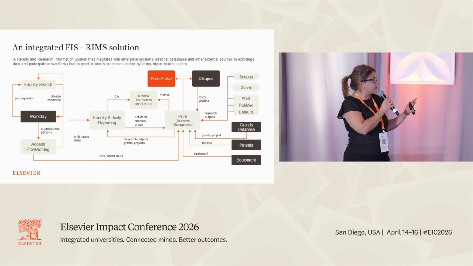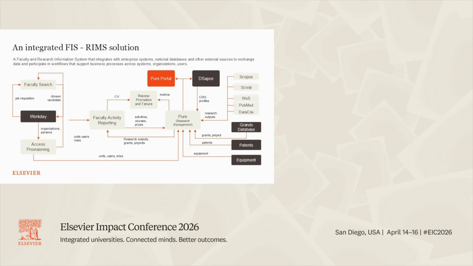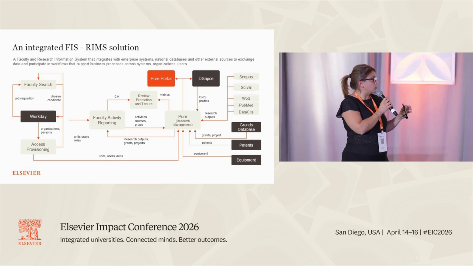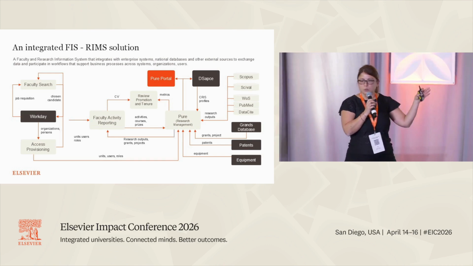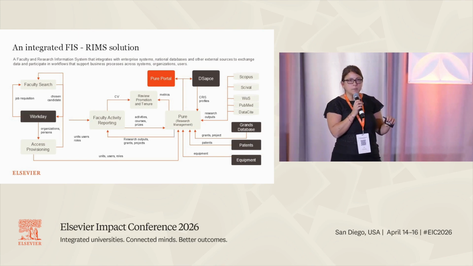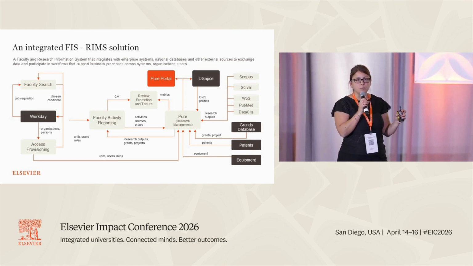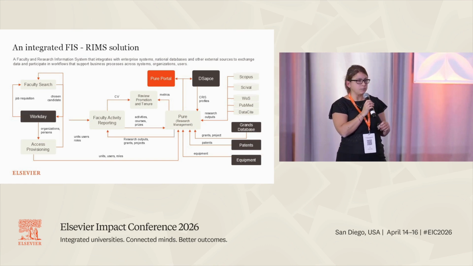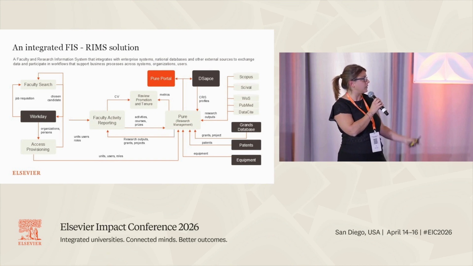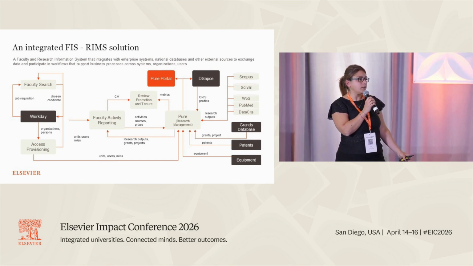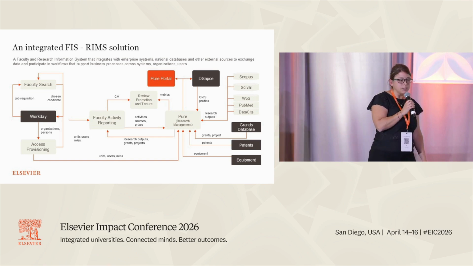In this particular example, with the customer we're working with, we are trying to support use cases, and you will see when I go through the diagram, that are related to the academic affairs office, the research management office, the library of the institution, and faculty members and researchers themselves.